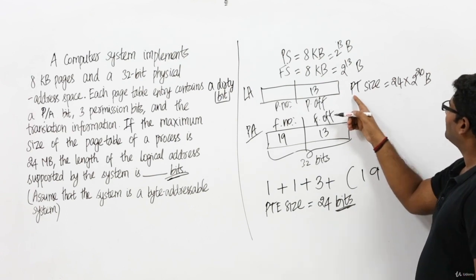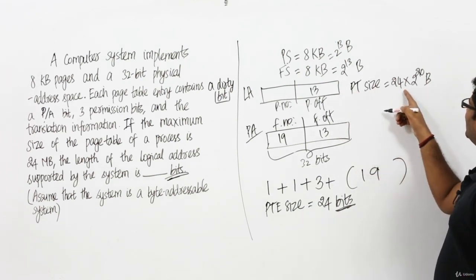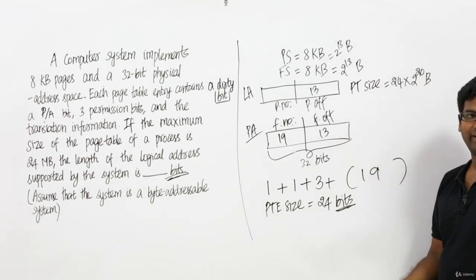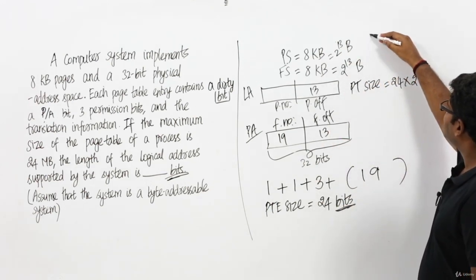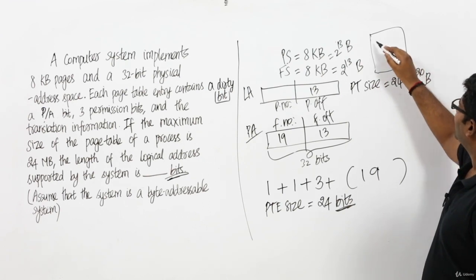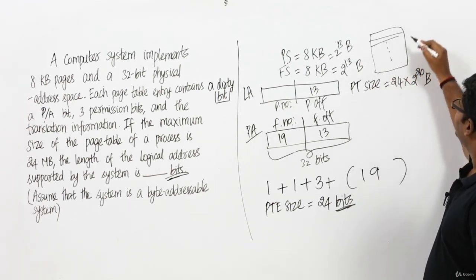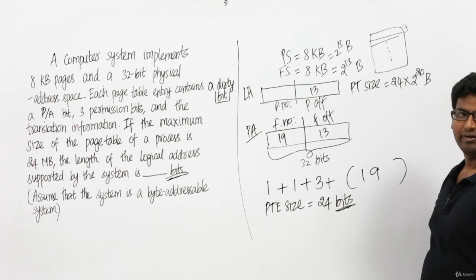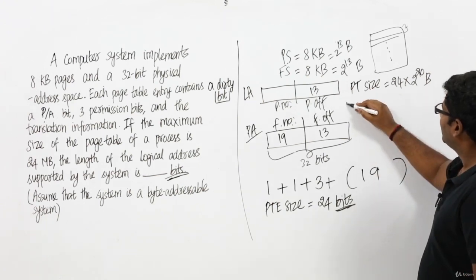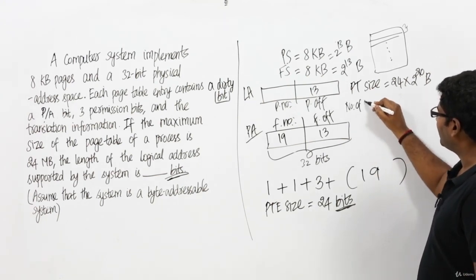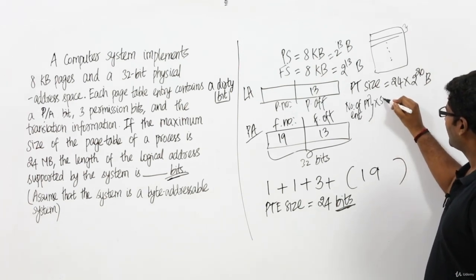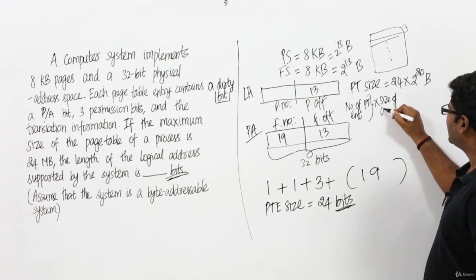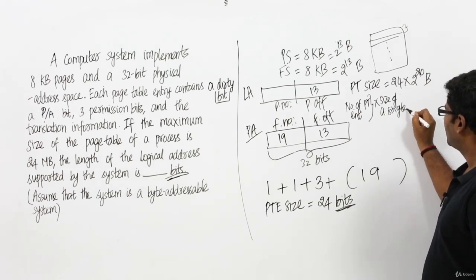From this, they have given that page table size equals 24 into 2 power 20 bytes, right? Now what is the formula for page table size? The total size of the page table is nothing but the number of entries into the size of a single entry, right? It is nothing but the number of page table entries into the size of a single page table entry.